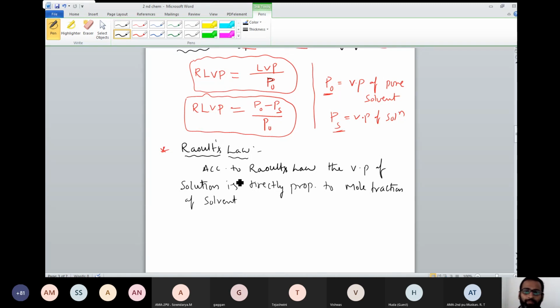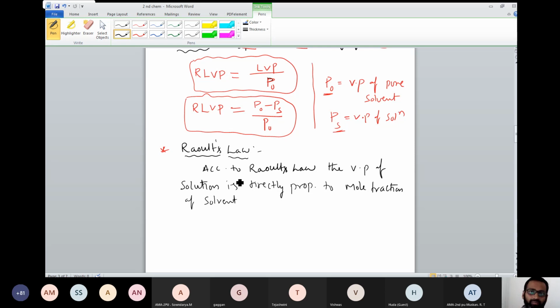But here, what I am saying is that the mole fraction of solvent is directly proportional to the vapor pressure of a solution. If solvent is more, all particles are very small, so vaporization is easy. Then you will have more vapor molecules, and certainly pressure will be more. So vapor pressure of a solution will be directly proportional to the mole fraction of solvent. Is it correct or not? Yes, correct.